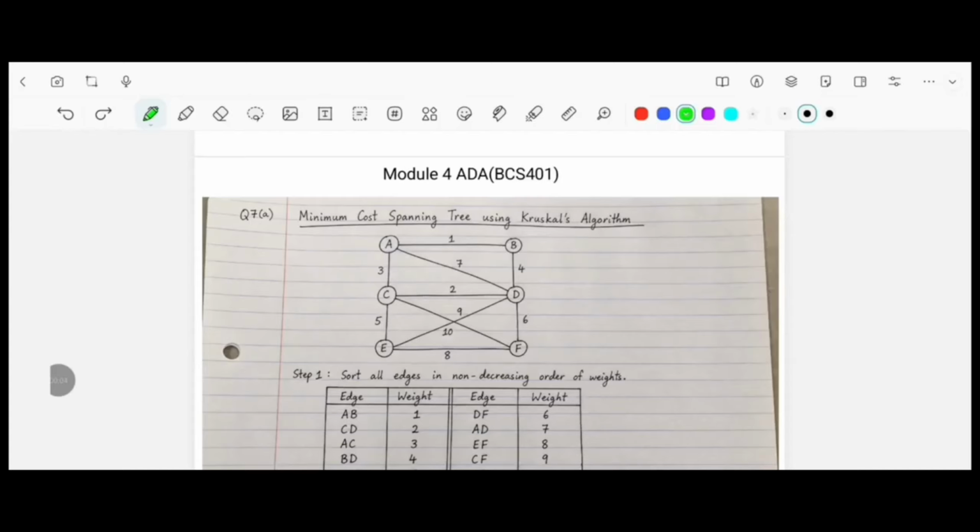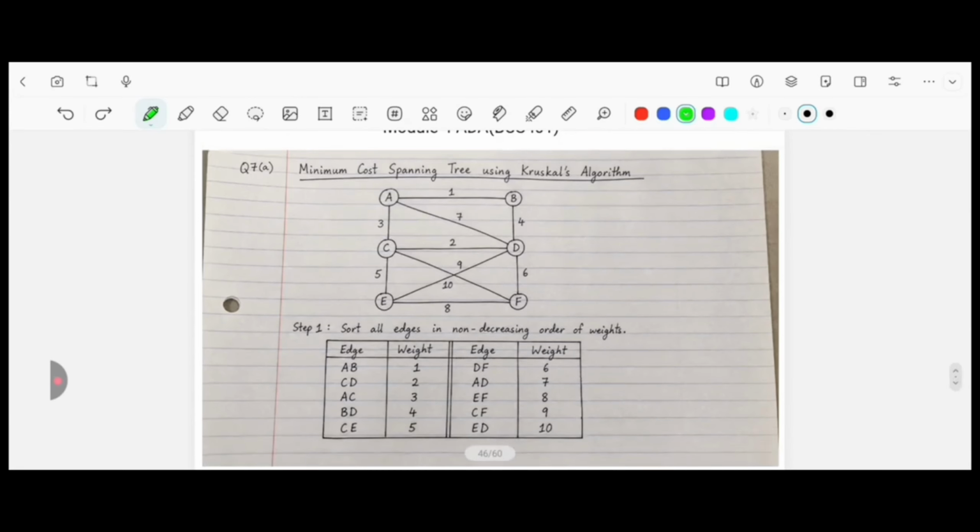Today we will discuss the fourth module. This is an example.